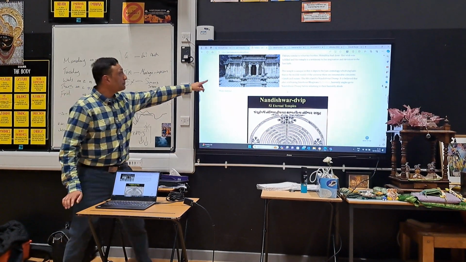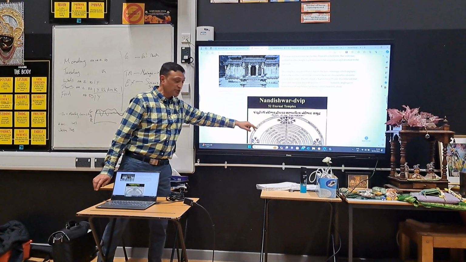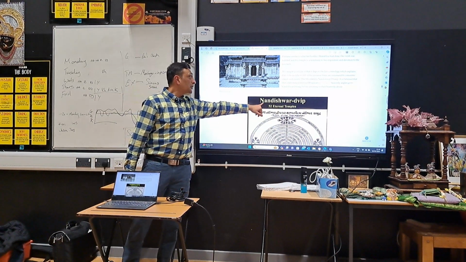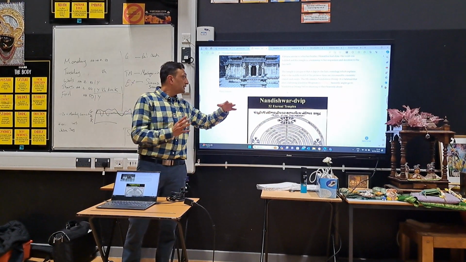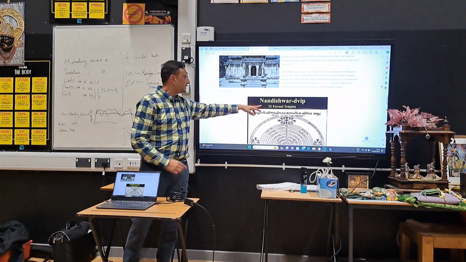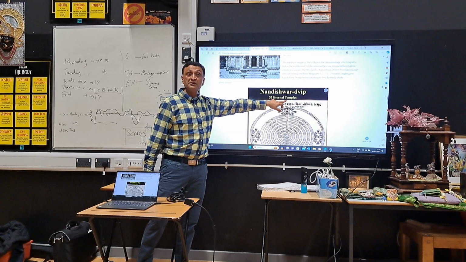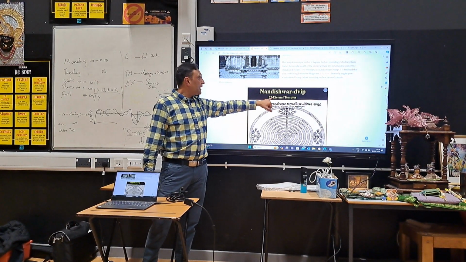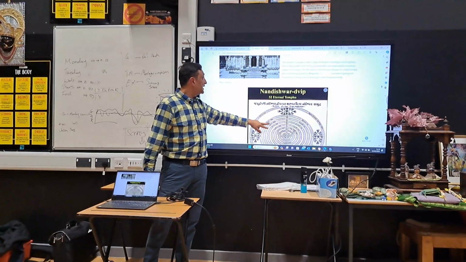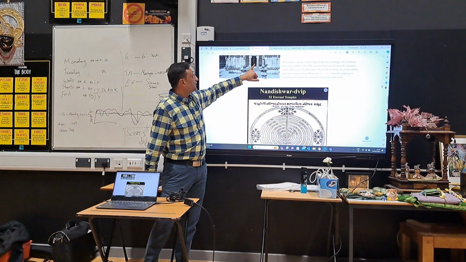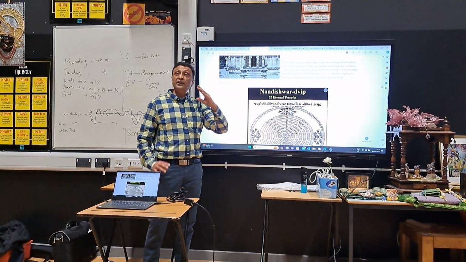And this is one of the few temples, as you can see slightly here, that has this Nandishwar Dweep. Legend has it, it's a different part of, in fact, can you see here? 52 eternal temples. Man-made or eternal temples. Here it's believed there are 52 of these kinds of eternal temples.